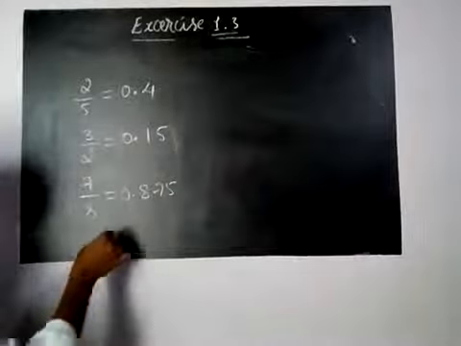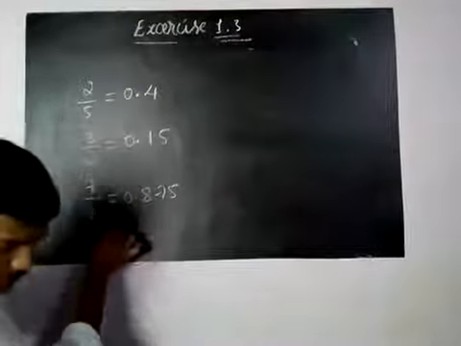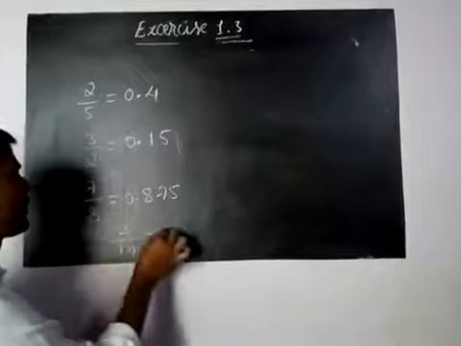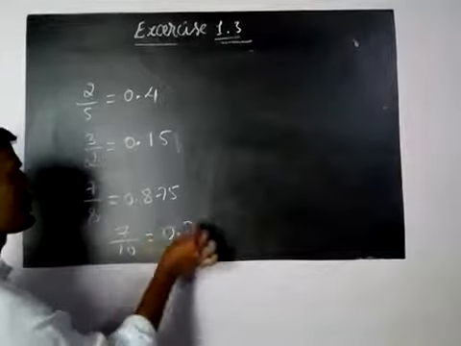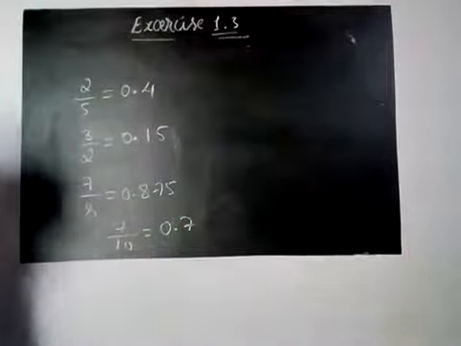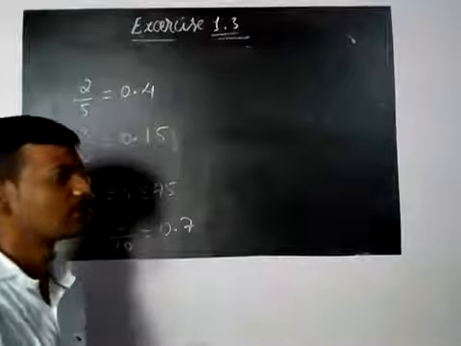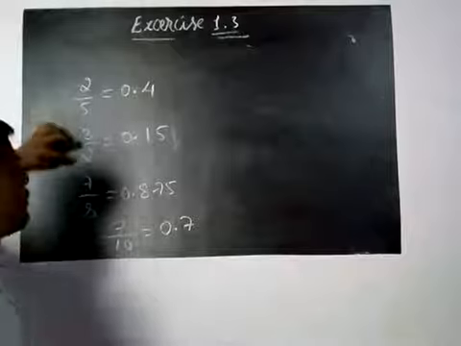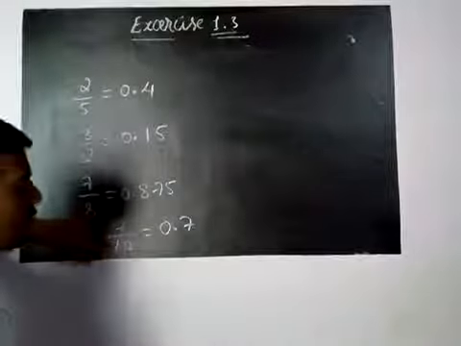And next, 7 by 10. It is 0.7. Observe the q here. What is the value of q here? 5, here 2 and 8, and next 10.